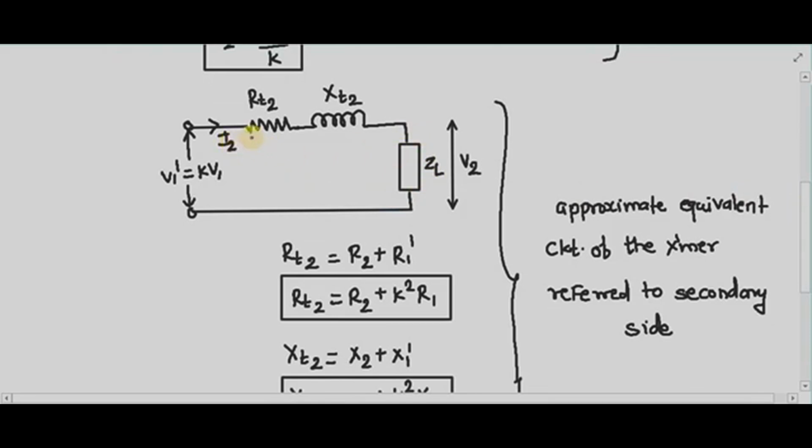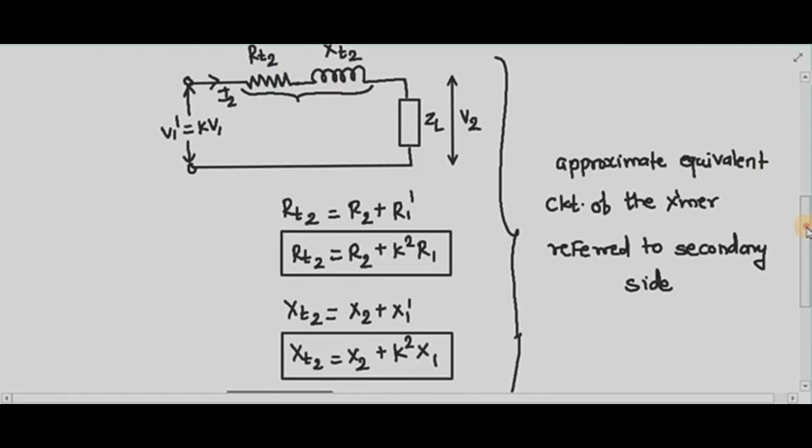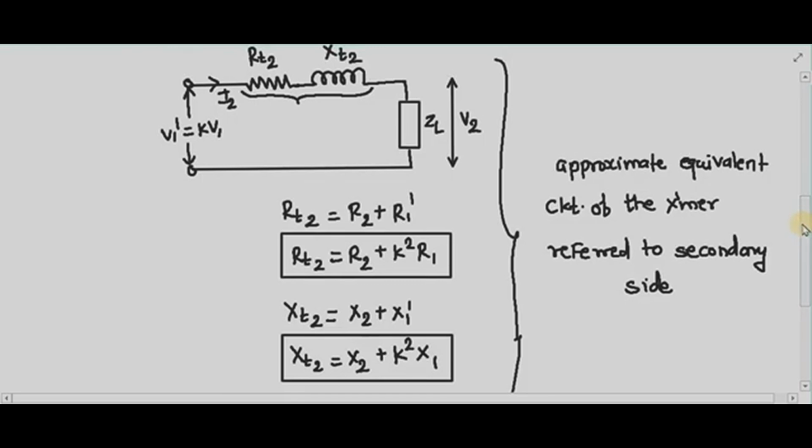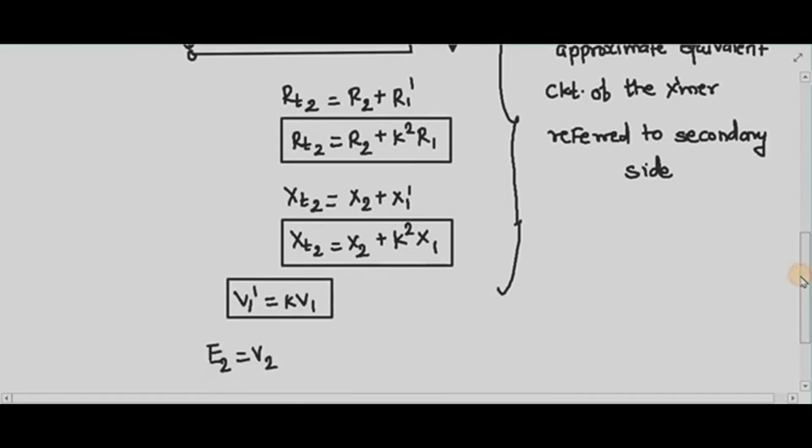So there will be no internal voltage drop in the impedances of the winding. What is the impedance of the winding? RT2 plus jXT2, right? So when my I2 is equal to 0, there is no drop in the impedance of the winding. Hence, what is the voltage available across the secondary terminal under this condition?